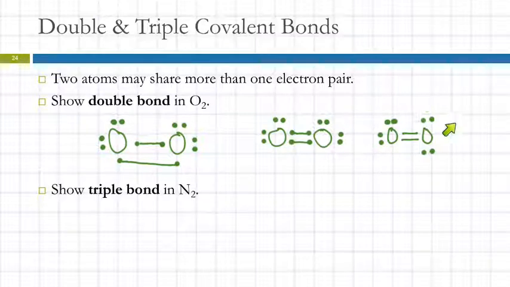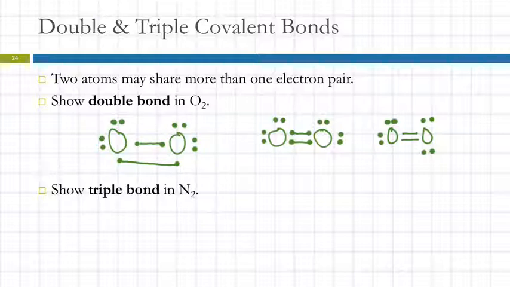So this is a Lewis structure for oxygen. It often helps, especially when you're beginning, to put the dots in there and connect the dots with a line, because that helps you to remember that each of those lines is actually 2 electrons. Whereas over here, sometimes we forget that the line is a pair of electrons, and so we count wrong.